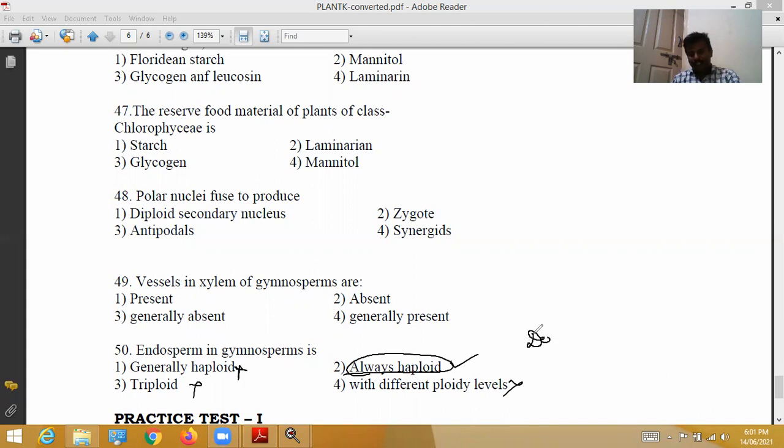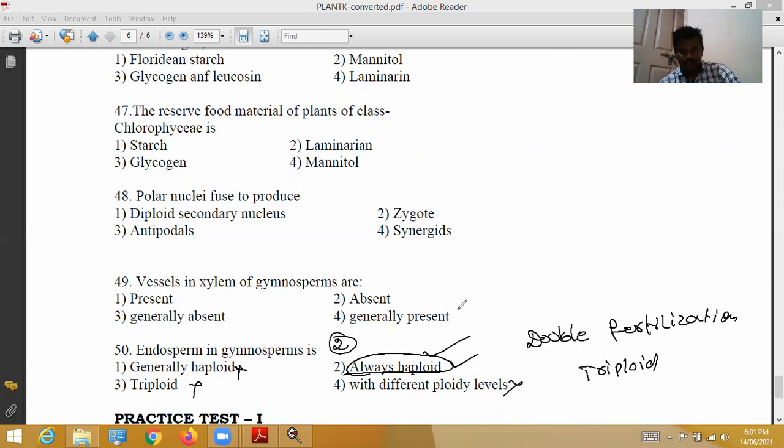In gymnosperms, double fertilization is absent, so the endosperm does not form at a diploid or polyploid level. So in gymnosperms the endosperm is always haploid. In angiosperms, it is triploid. The correct option is 2. For the 50th question, the correct option is 2.